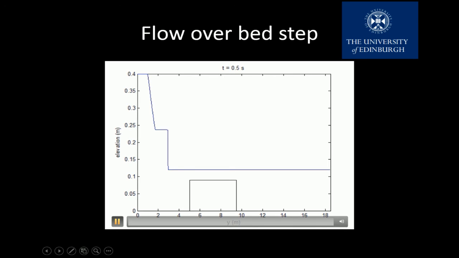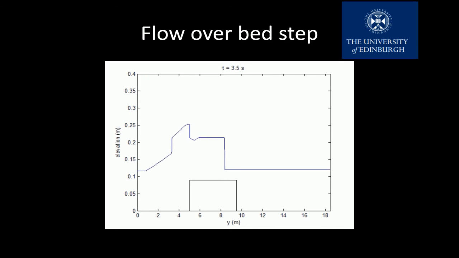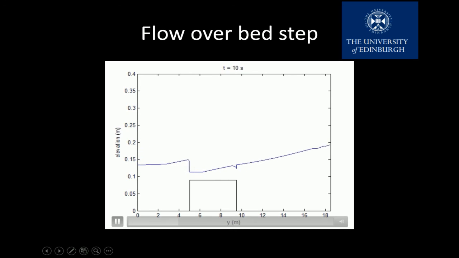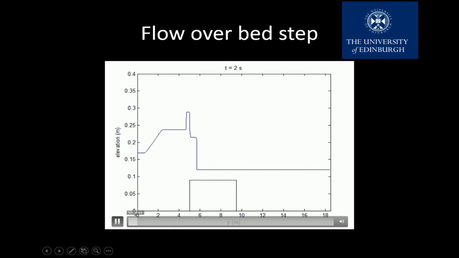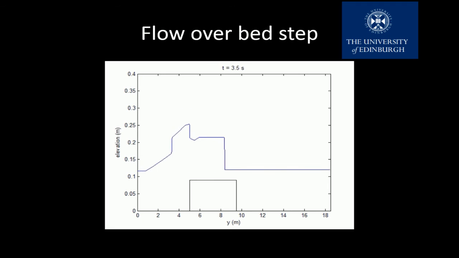So this is a fixed bed, but you have this flow over a step. And you can see that when the flow goes over the step, depending on the ratio of the bed elevation to the free surface elevation, you get these really sharp hydraulic jumps that develop. And this is a simple 1D case.